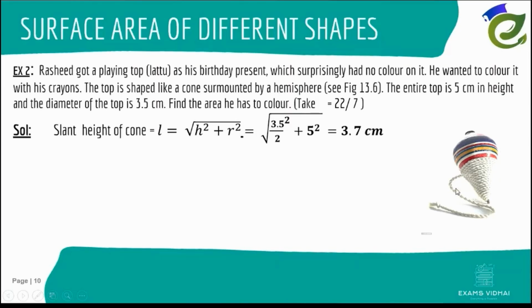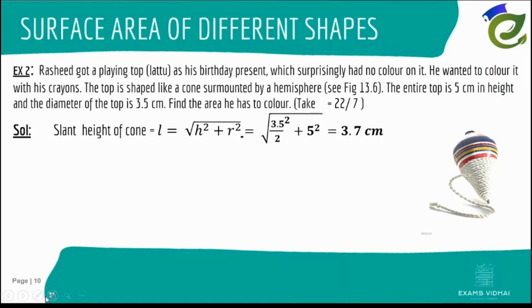So the total surface area would comprise the curved surface area of the cone and the curved surface area of the hemisphere. We can't take the total surface areas in order to calculate the total surface area of the Latu because we are not able to see their bases. We only have to calculate their outer area, not the inner area. So let's start by calculating the slant height of the cone.